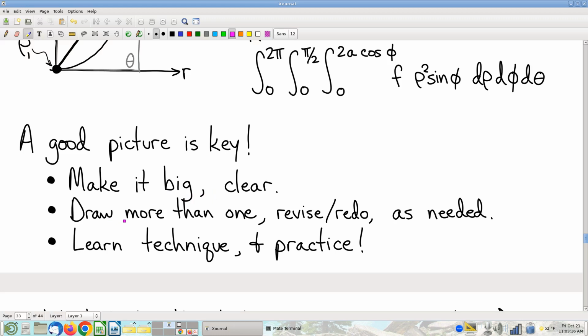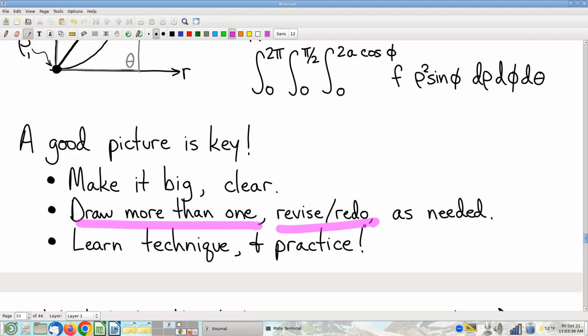Be aware as well, you might need to draw more than one. Those of you who have come to office hours recently have seen me draw a figure for the purposes of learning something about the shape I'm trying to draw, realizing that, having learned what I learned, my first picture is actually bad in certain ways, so instead I redo it.